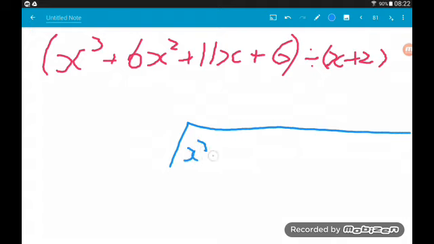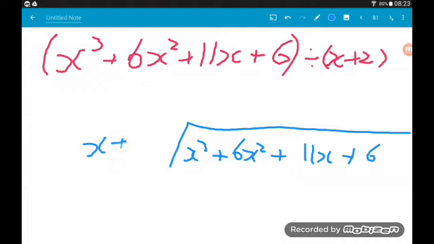So, x cubed plus 6x squared plus 11x plus 6 in there, and x plus 2 on the outside, like that. Now the steps are exactly the same as in the first example. We're just going to have to do a bit more work.